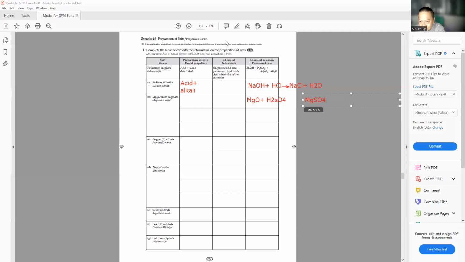Okay, so MgO plus H2SO4, right? MgSO4 and then H2O. You got H2O, right? That's all. So this is acid plus what?